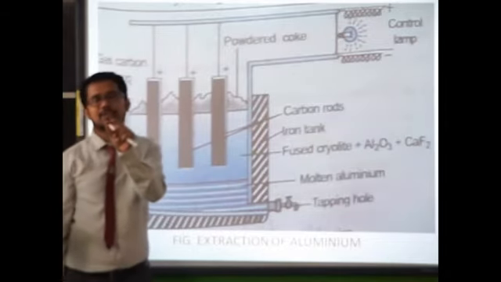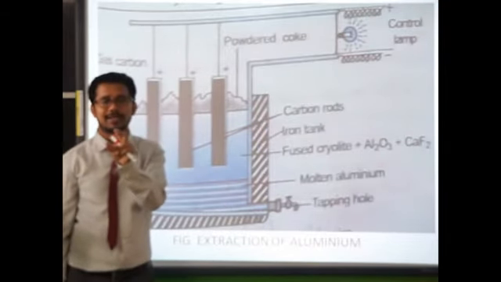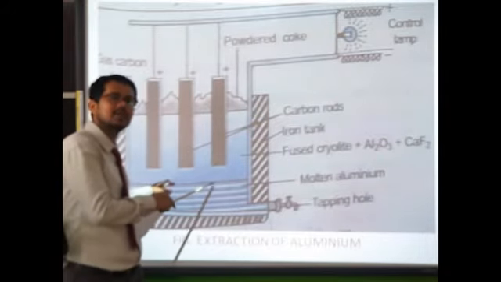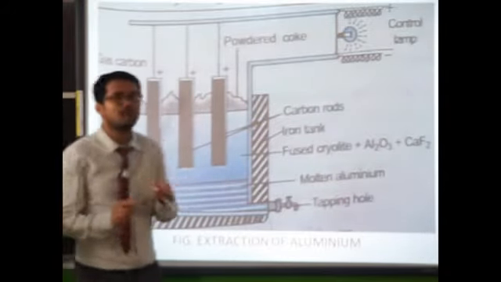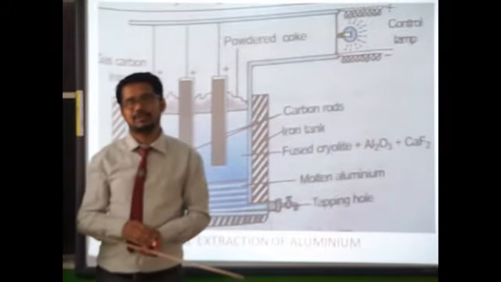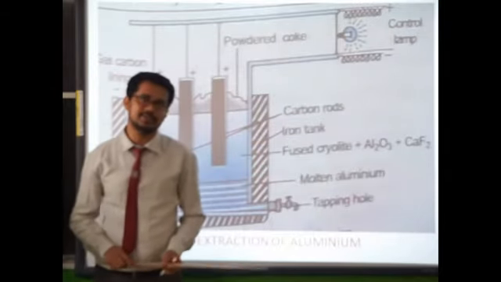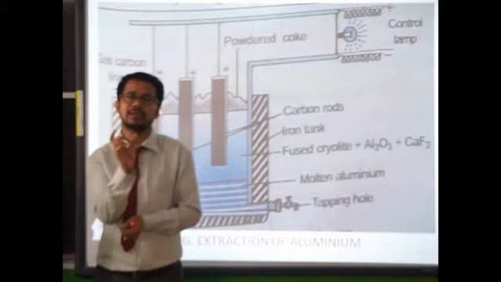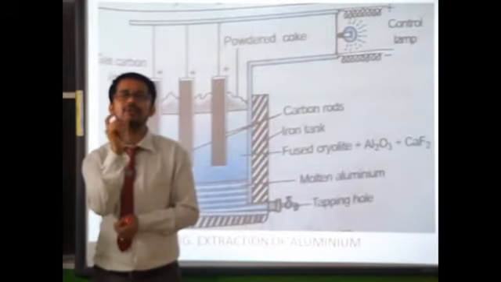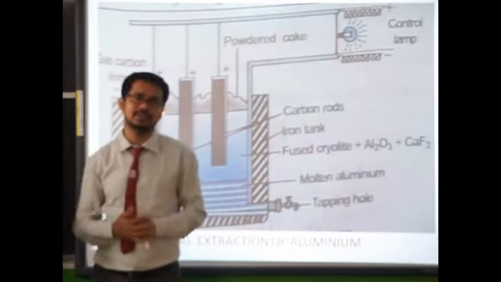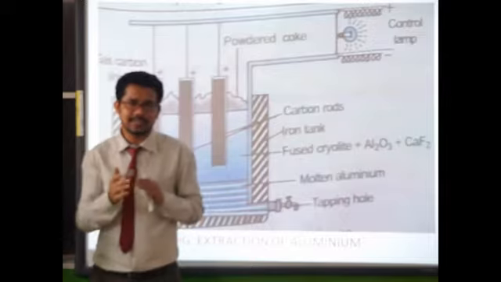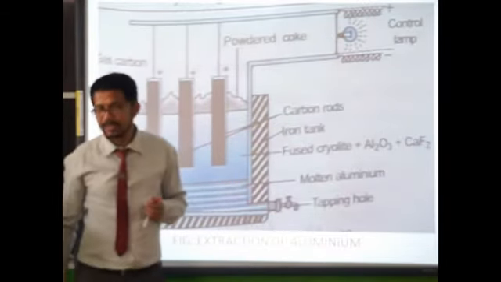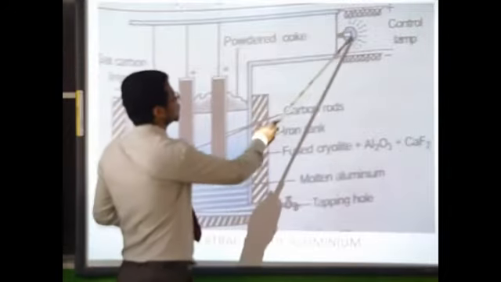the content of alumina falls in the solution, then the voltage automatically increases. So the voltage increases, and when the voltage increases, the bulb glows.